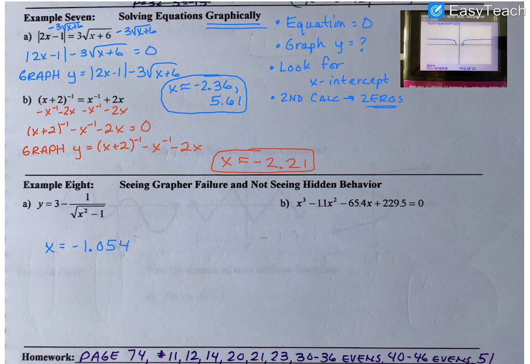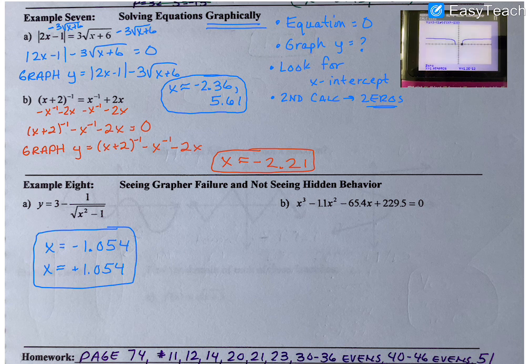And notice we get a 0 at positive 1.054. So you'll notice we did end up with 2 zeros. Again, graph or failure, hidden behavior, it's all about working with your calculator. Could we zoom in and see what's going on a little bit closer there? We definitely could.